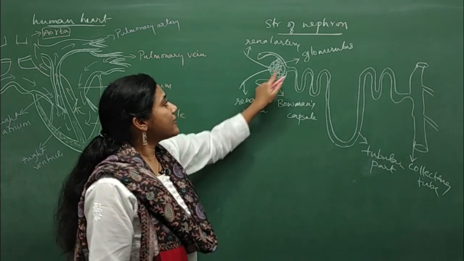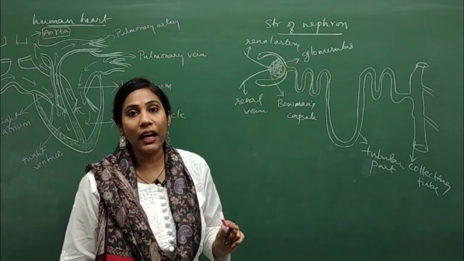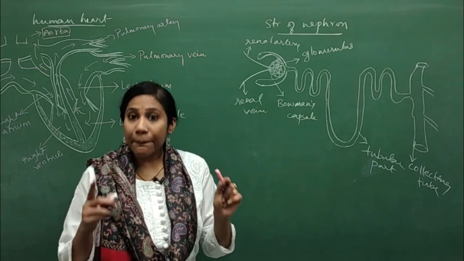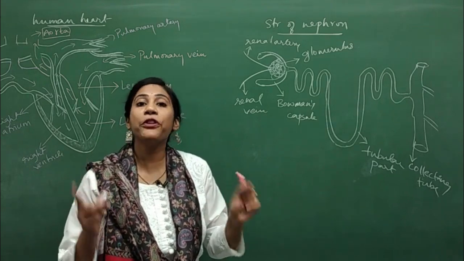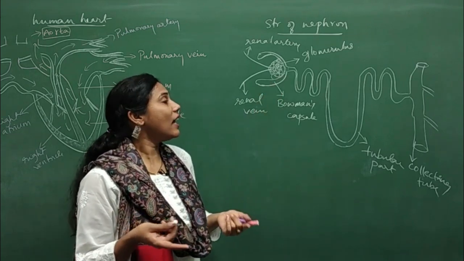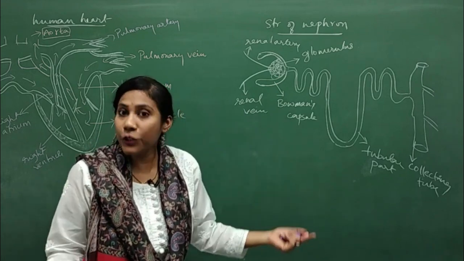Right? So what is the work of glomerulus? That is the main filtrating unit here. It is a group of small blood capillaries that helps in the purification of blood. Clear? And Bowman's capsule is just a cup-shaped structure which collects the filtrate, that is called urine now.